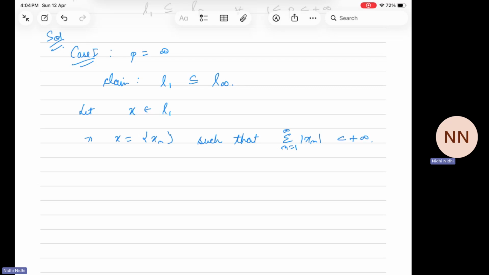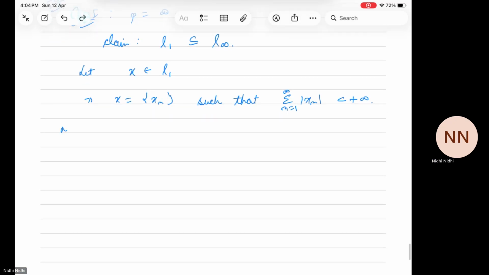the summation of mod xn, n from 1 to infinity, is finite. Now, since the series summation n from 1 to infinity of mod xn is convergent, we all know that if a series is convergent, then the corresponding sequence converges to 0.